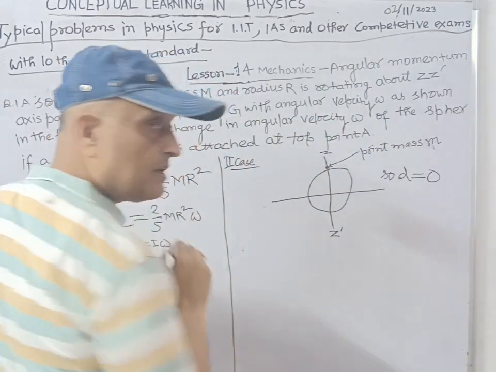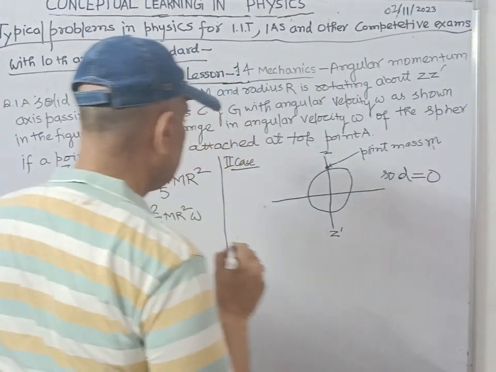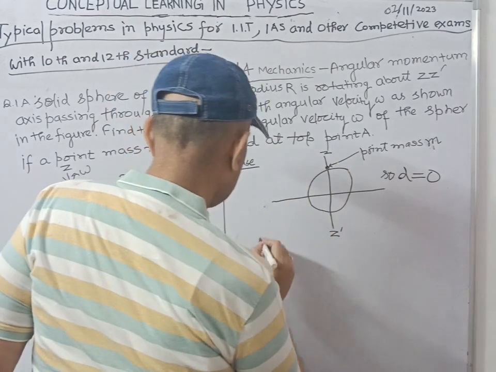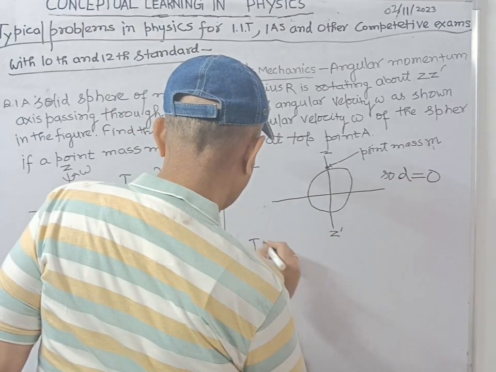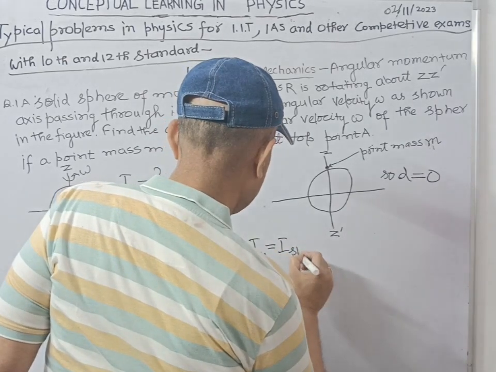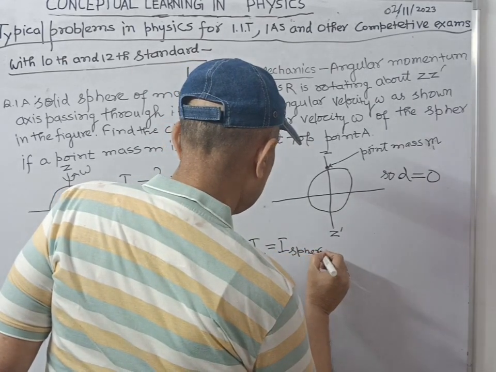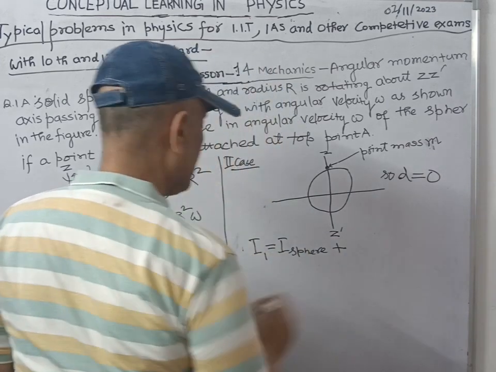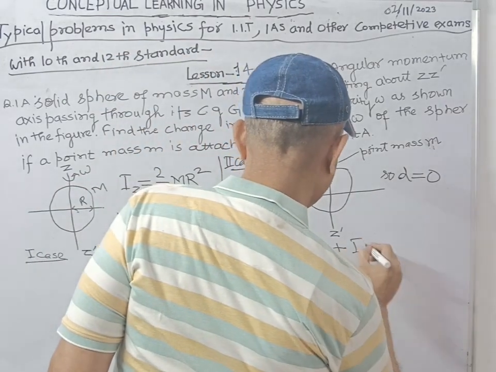So the moment of inertia of the sphere and point mass, I1, is equal to I sphere plus I point mass.